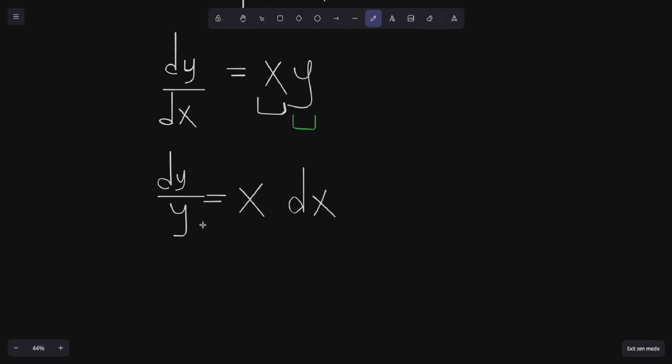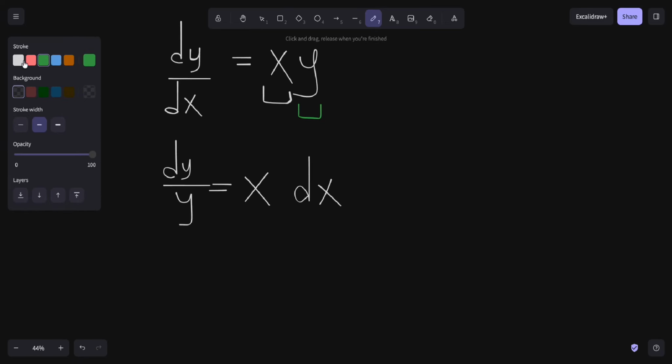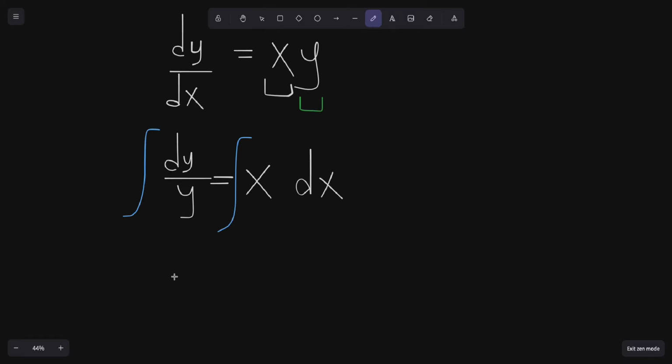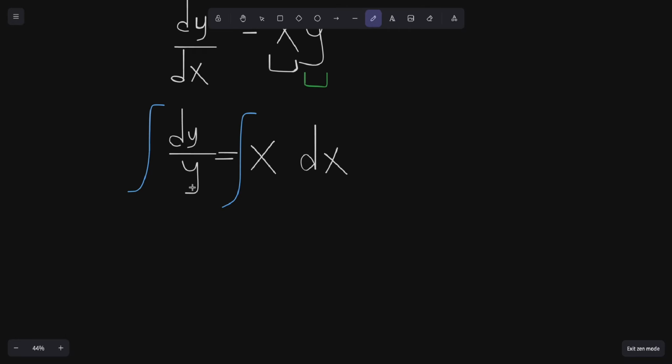To solve this, you have to use some of your calculus skills, some of your integral skills. We integrate both sides. The integral of 1 over y with respect to y is going to be ln of the absolute value of y. And the integral of x is just x squared divided by 2, and then don't forget the plus c.